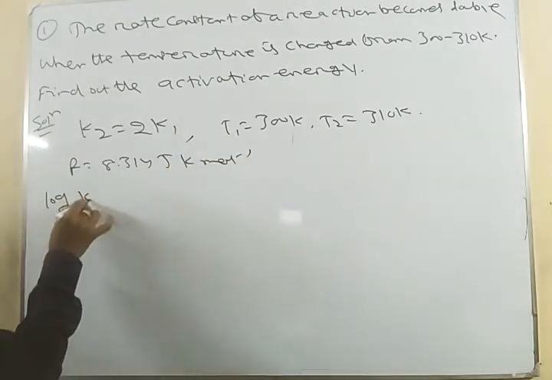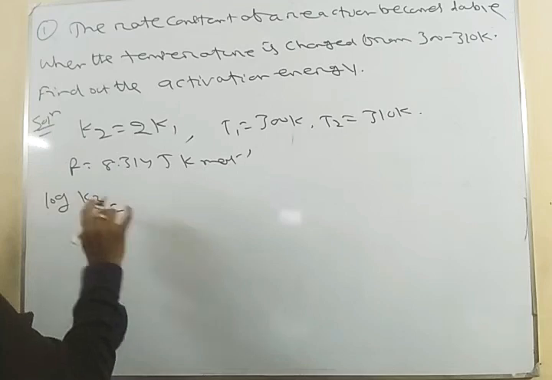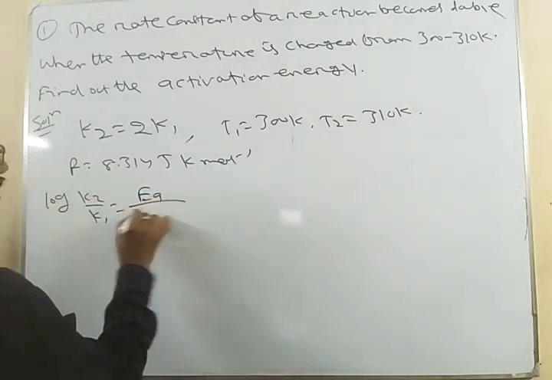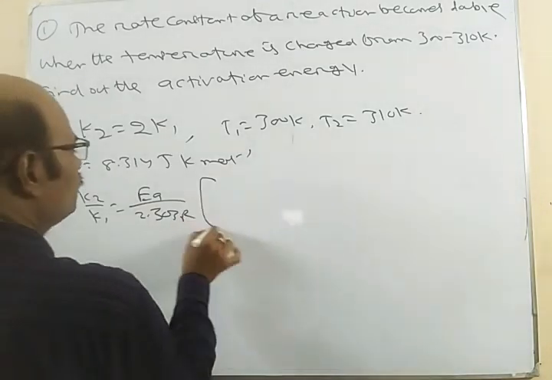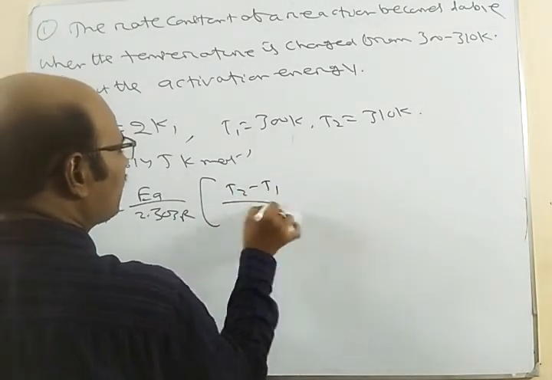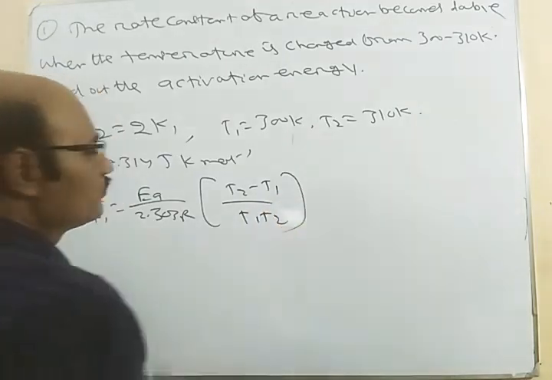Now log k2 by k1 equal to Ea by 2.303 R into T2 minus T1 by T1 T2.